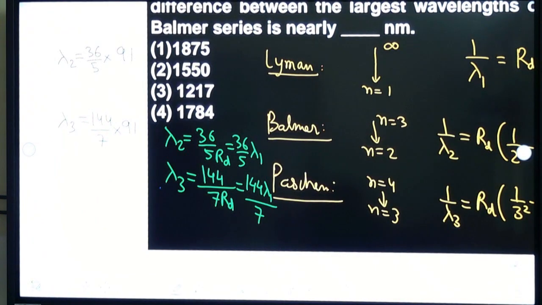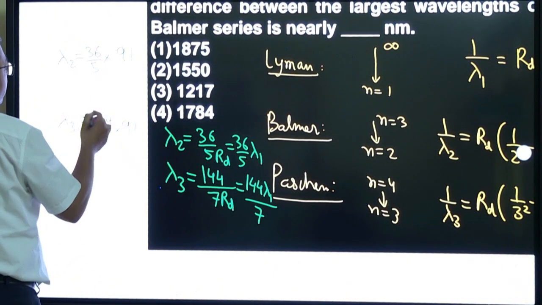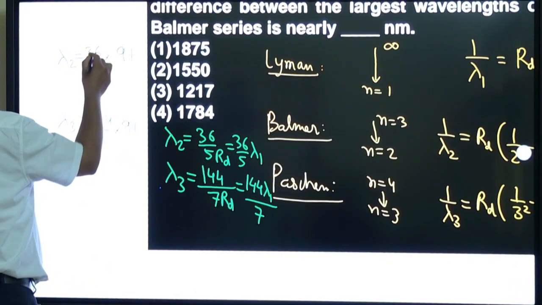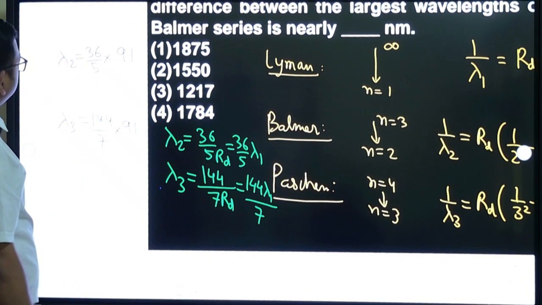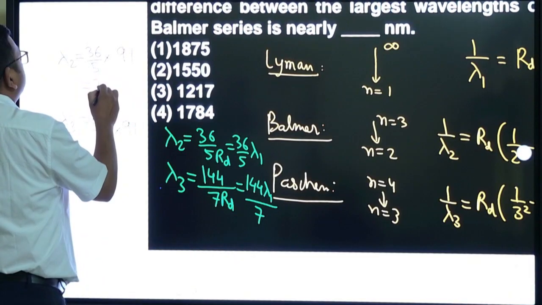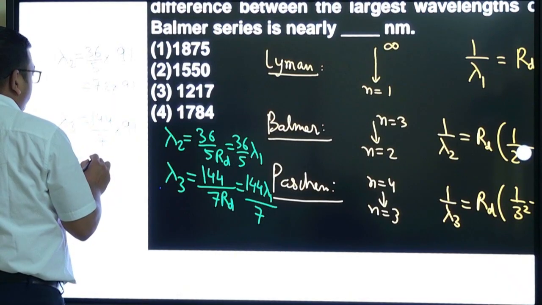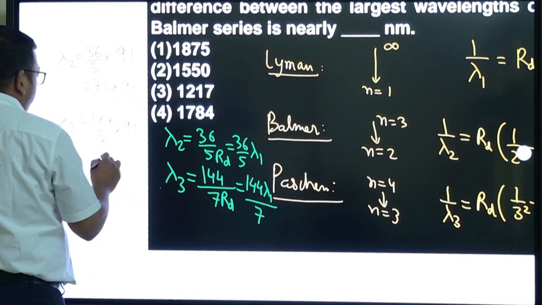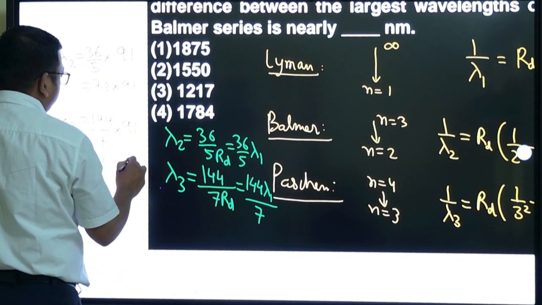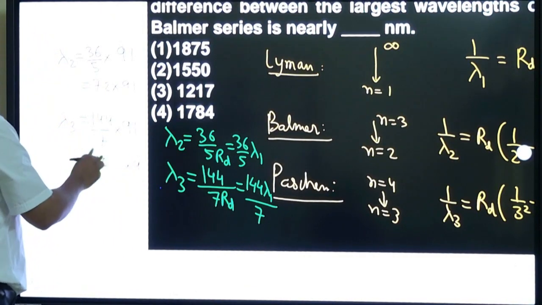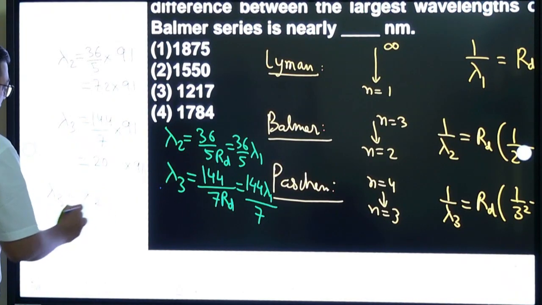I think we can take 91 common. Here the greater factor is 144 by 7, and 36 by 5 is 7.2. So this is 7.2 into 91, and the other is 20 point something into 91. This factor is larger, so calculate lambda 3 minus lambda 2.